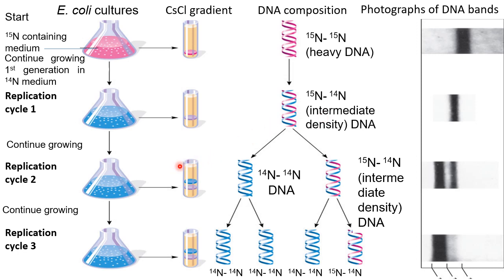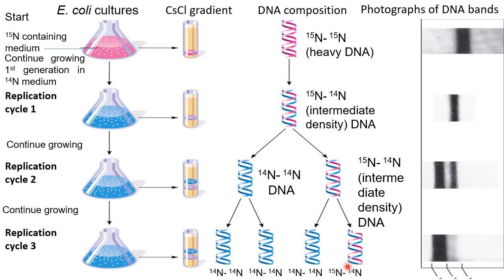After two generations, half of the DNA had N14 DNA and the other half had hybrid DNA. After three generations, the N14 medium contained a large fraction of N14 DNA and a smaller fraction of N15 DNA. However, the N15 duplexes never appeared, which experimentally proves the semi-conservative replication model.